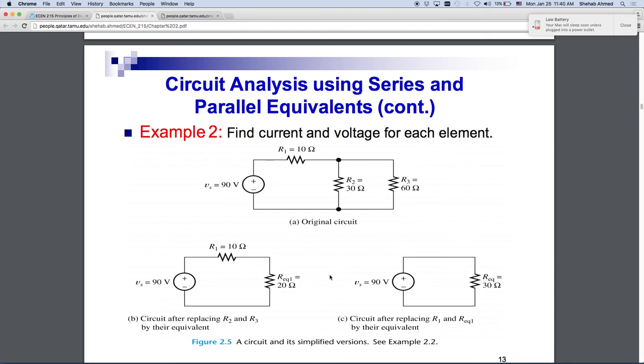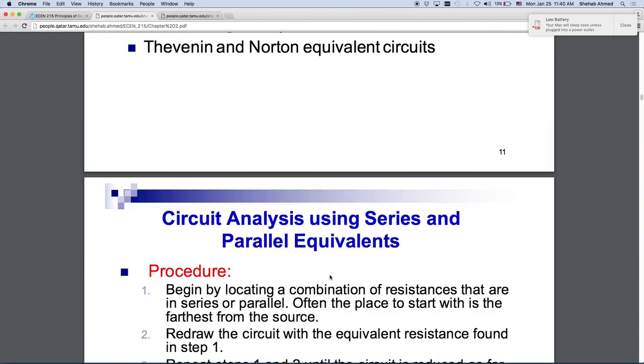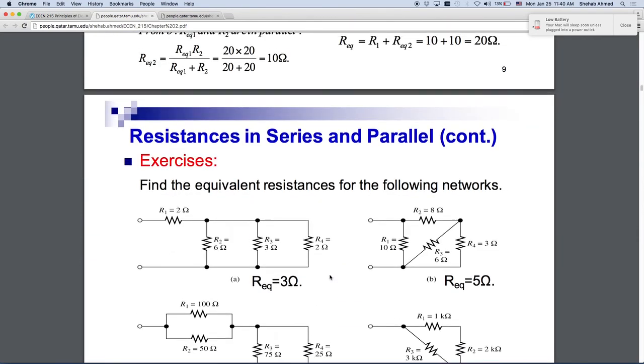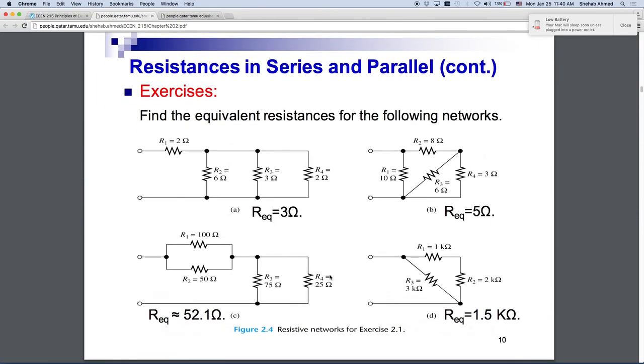Part B, the back, this last one. Okay, so let's see. We have 3 ohms in parallel with 6 ohms. So 6 times 3, 18, divided by 9 is 2, right?